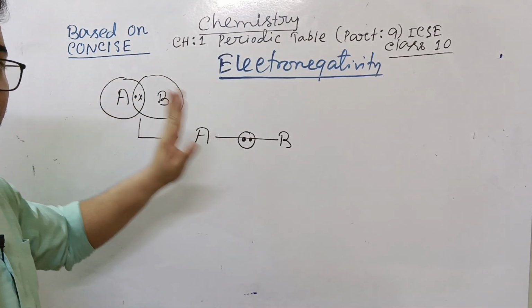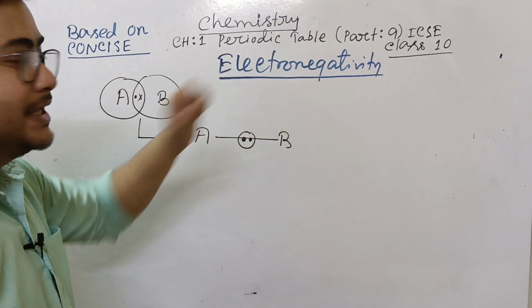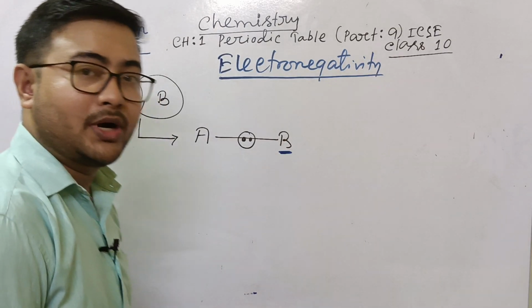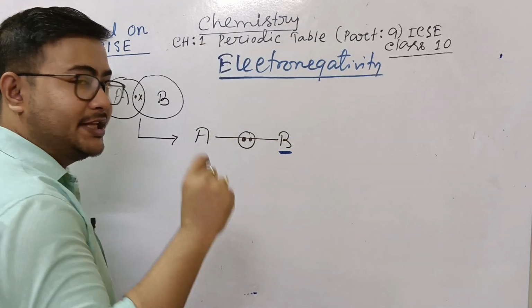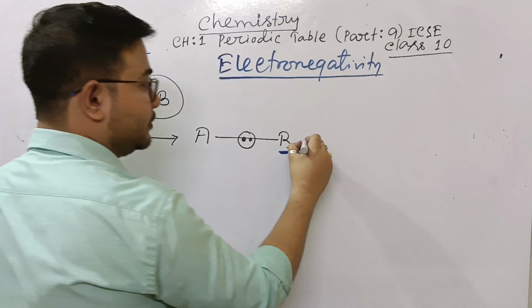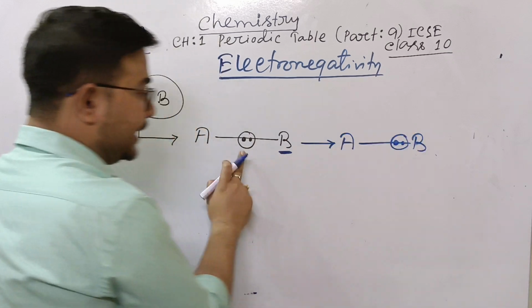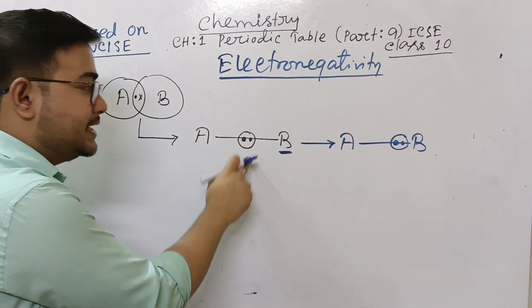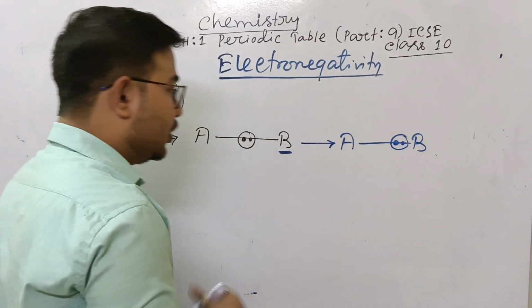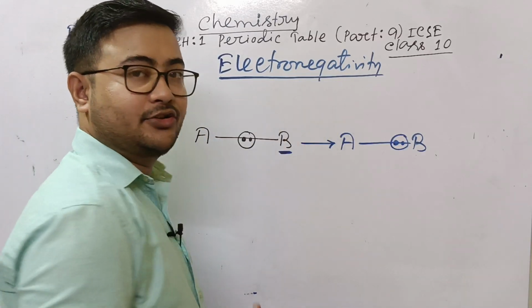So this is an easy concept, called a covalent bond. Now what is electronegativity? Suppose B has a particular power to pull this electron towards itself. Then what will happen? Initially the electron is present in the middle of the bond, but now it is shifted towards B, because B has a tendency to pull the electron.